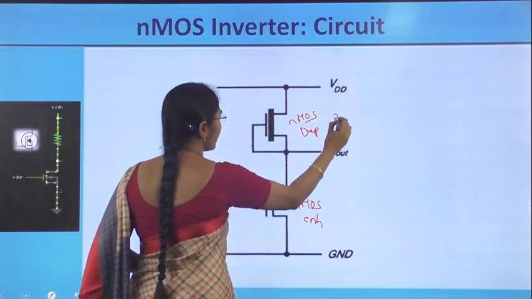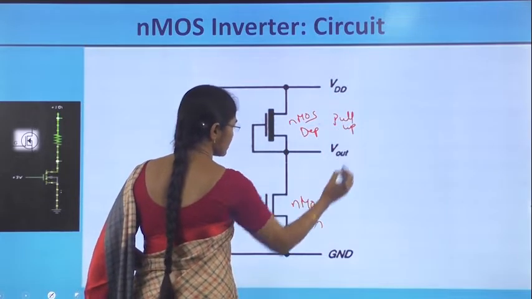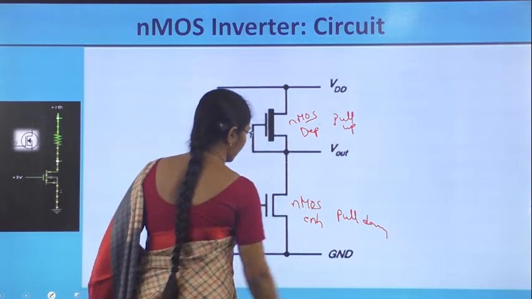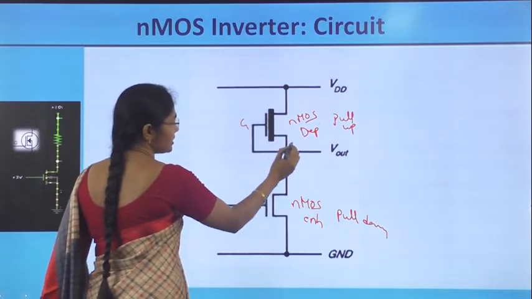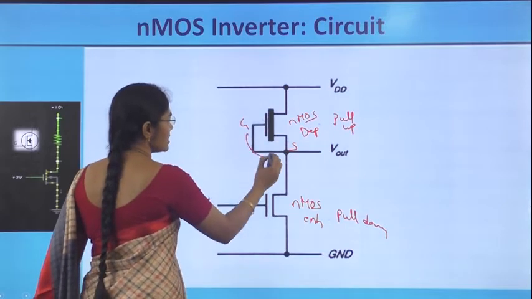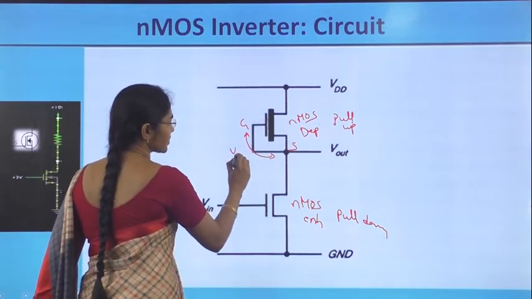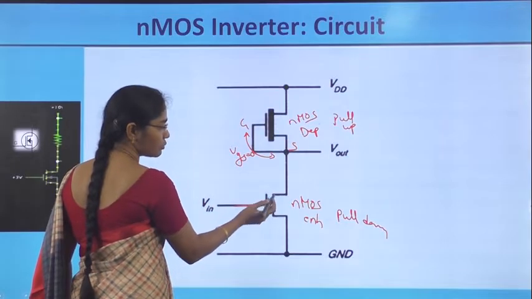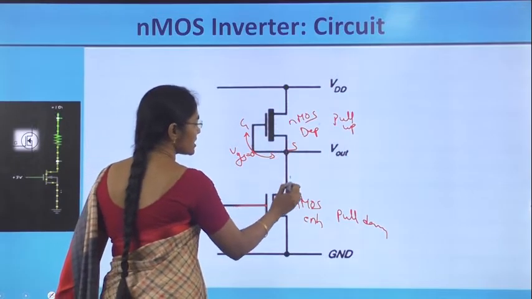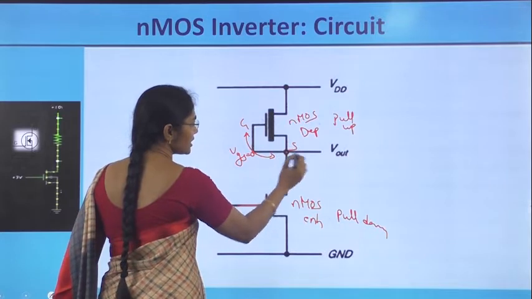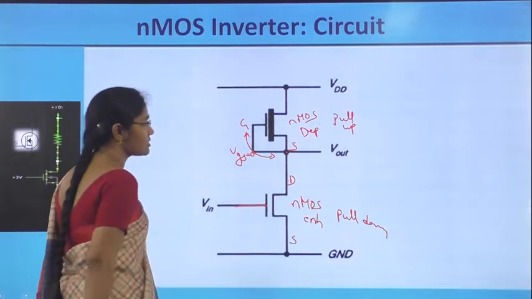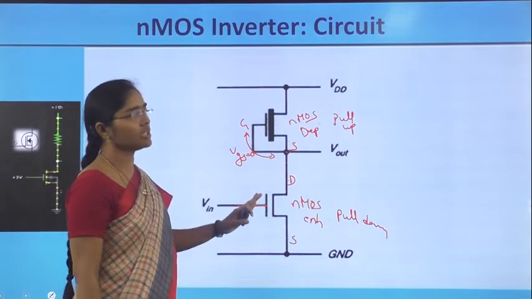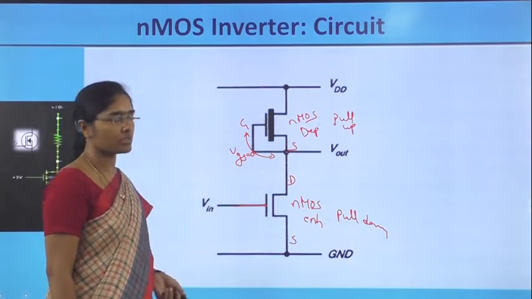This is called pull up and this is pull down device, and this is the gate, this is the source. So VGS is equal to 0 here and input is applied at the gate of the pull down transistor. Output is taken from the source and the drain connection of these two, and here it is connected to the source. This is the construction of the nMOS inverter circuit.